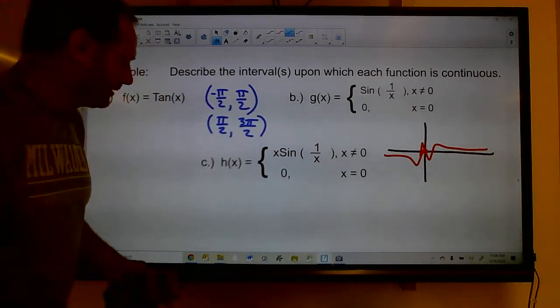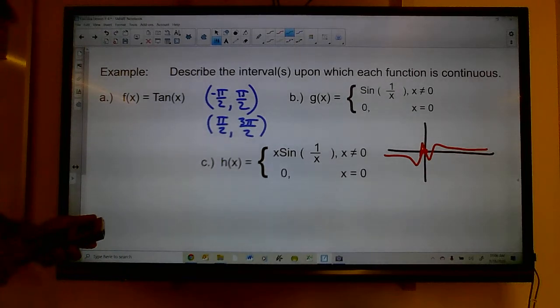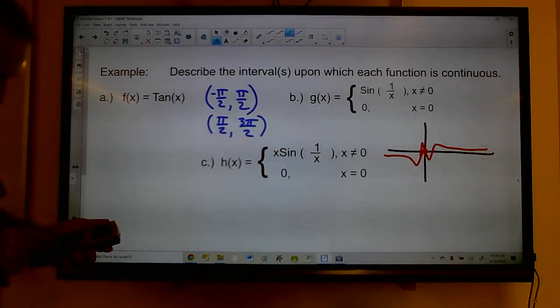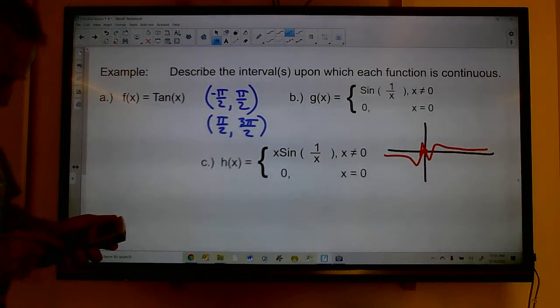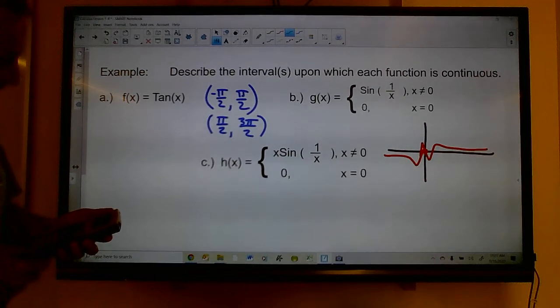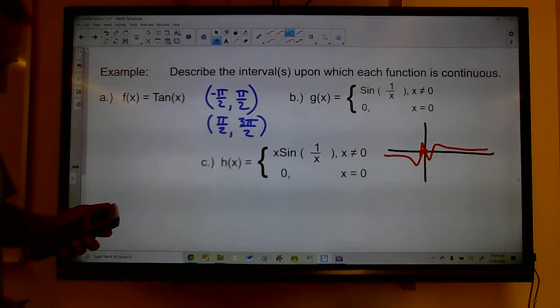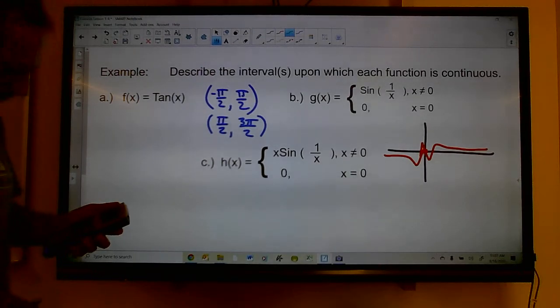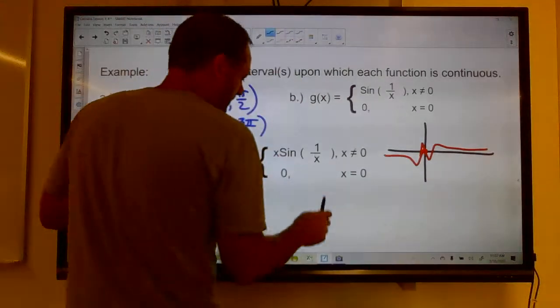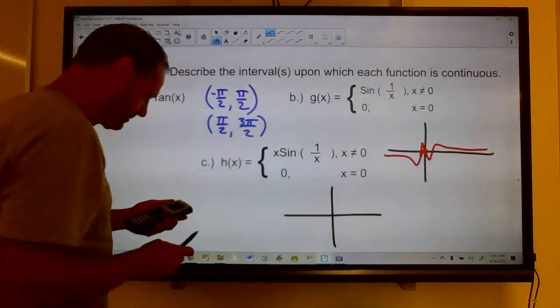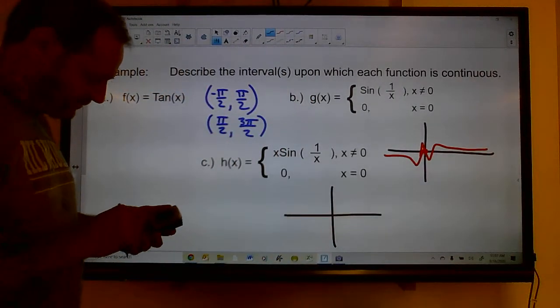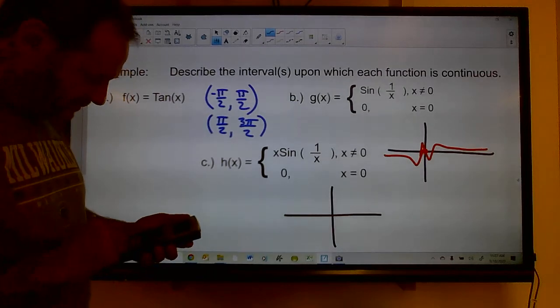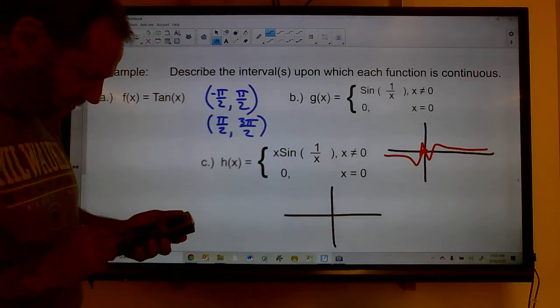Let's look at this next one here. H of x. Again, this is one I would probably graph. So x times the sine of 1 divided by x. And I'd probably zoom in a little bit on the center of that thing.